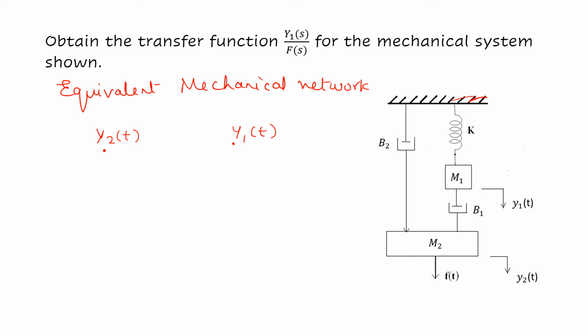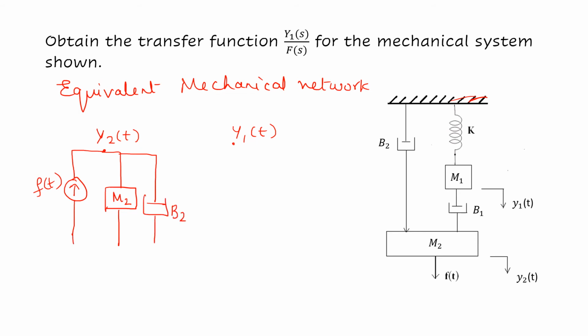So we consider the applied force F(t) at this node, with the mass of the body m2, and the damper B2 with respect to the reference frame. This particular point is our reference frame.